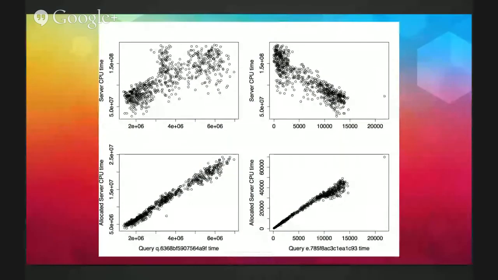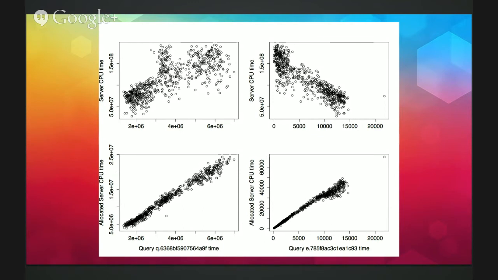And then what we get, instead of those two charts on the top, which are the same charts that we looked at previously of one variable plotted against the server's CPU time, when we break these things out into these much smaller, simpler problems, lots and lots of them, but they're small and simple, and we compute these Z variables, and then we plot the query time against the Z time, we get lots of very linear looking charts like this on the bottom.